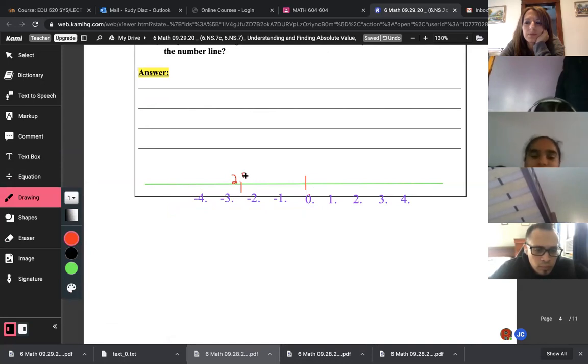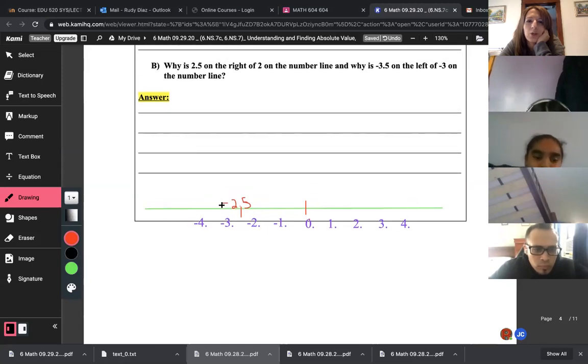It's greater than. Would you rather have $2 or have $2.50? 2.5. Right. So the answer that we would write for the first part is that 2.5 is greater than 2 on the number line.